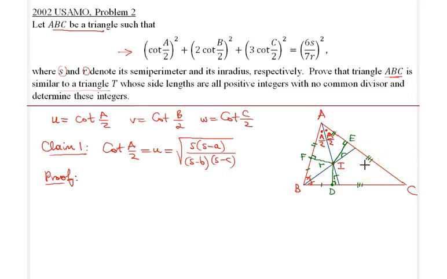So using some very simple identities, for instance, let's go ahead and call this distance K here. These would be L and these would be M here.